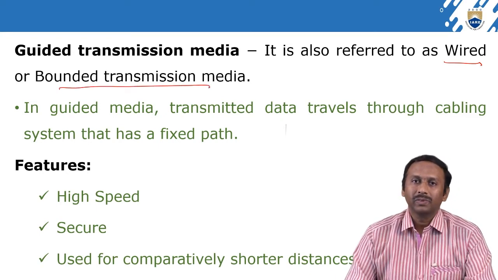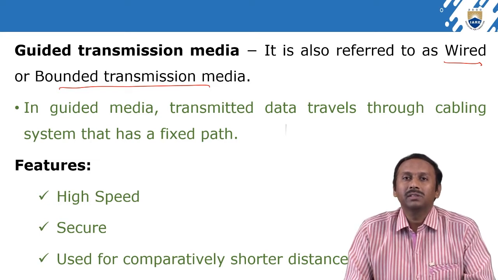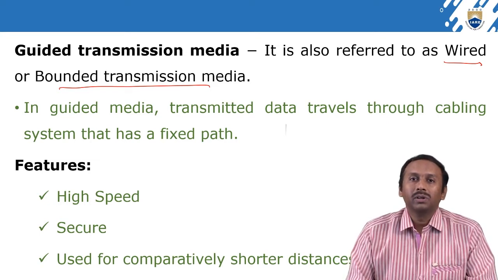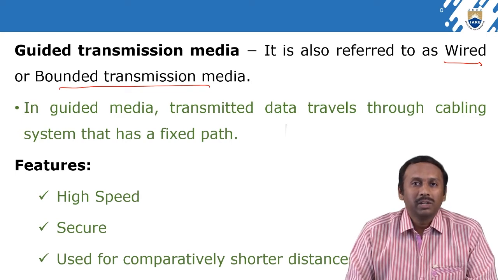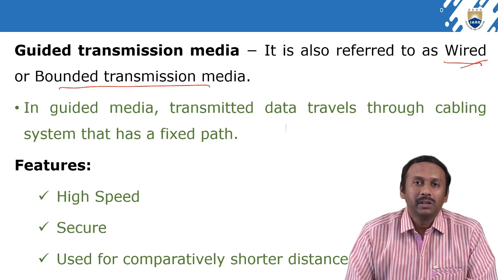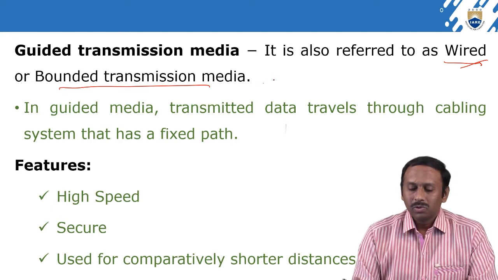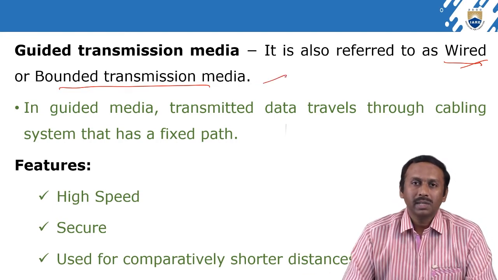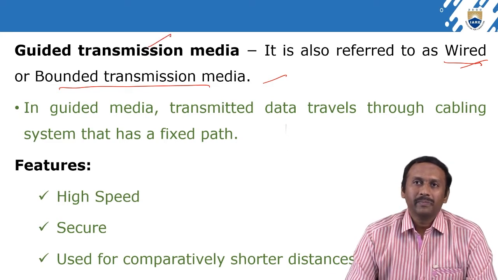Both are the same. Sometimes, to be tricky, they may ask what the various types of bounded transmission medium are, or what the various types of wired transmission medium are. Please remember, wired and bounded are the same and both come under guided transmission medium.